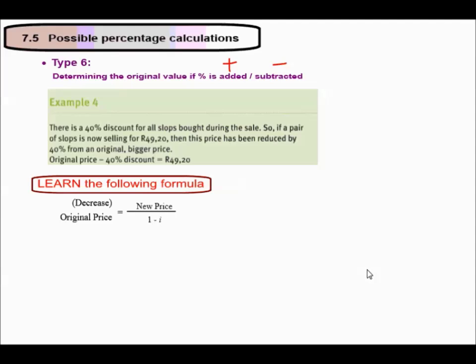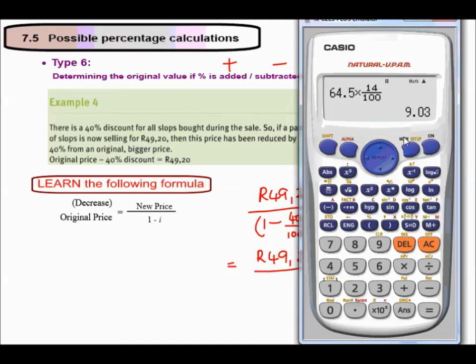So your new price, they told you, is 49 Rand 20, over 1 minus, the percentage was a 40% discount, which is 40 over 100, which will equal 49 Rand and 20 cents over 1 minus 40%, which is 40 over 100, equals 3/5 in simplified form.